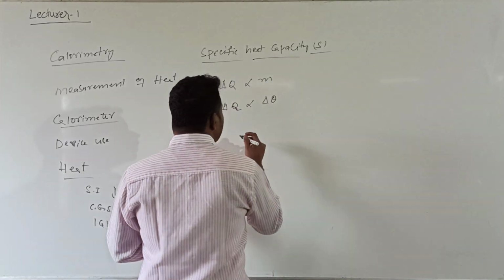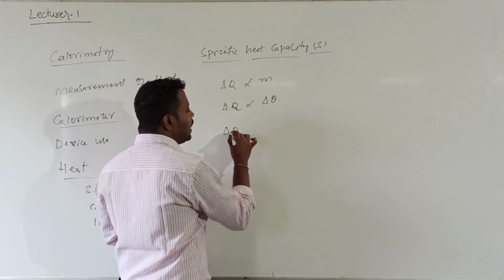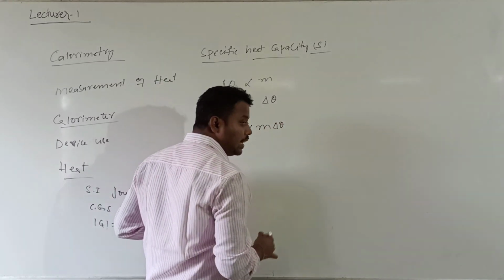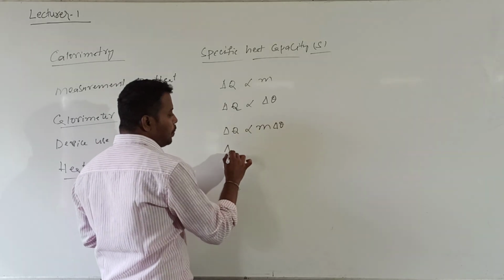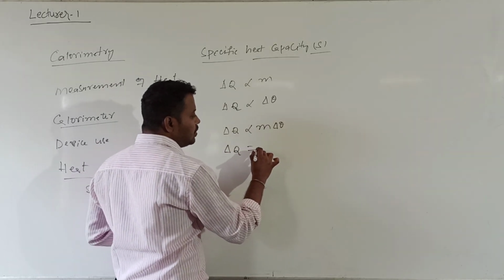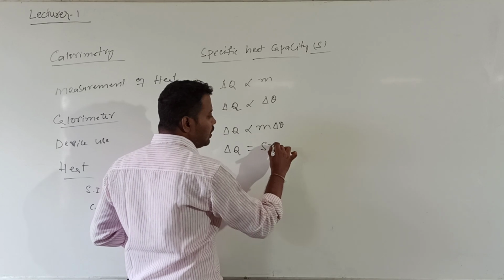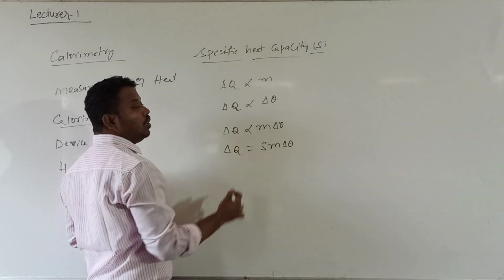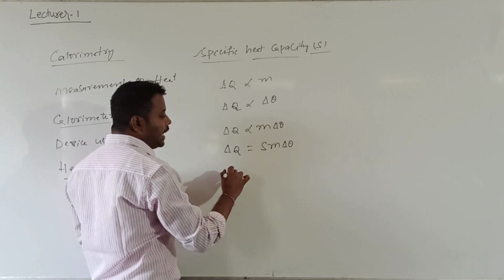From these two, what can I write? Delta Q is proportional to M into delta theta. To remove the proportionality, delta Q is equal to some constant S into M into delta theta. That constant is called the specific heat capacity.